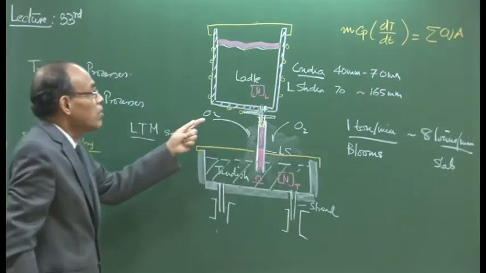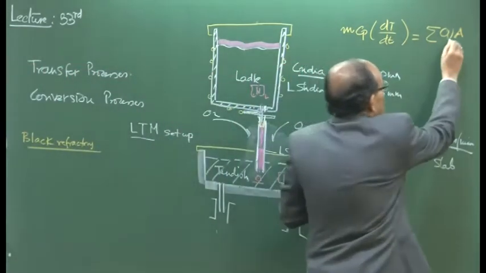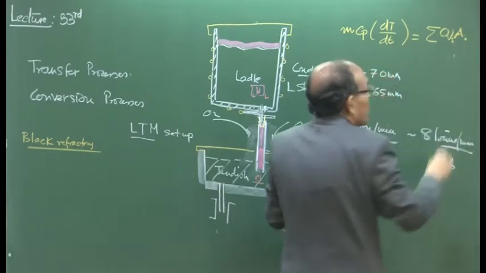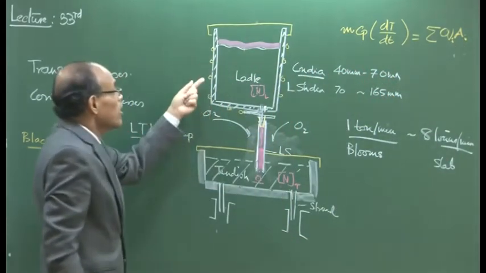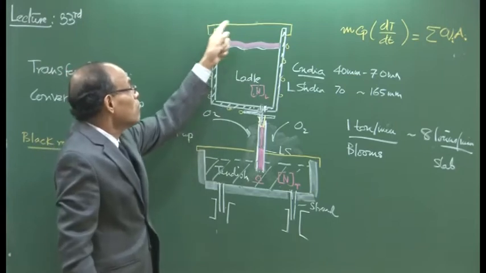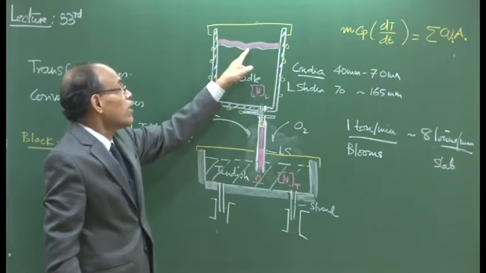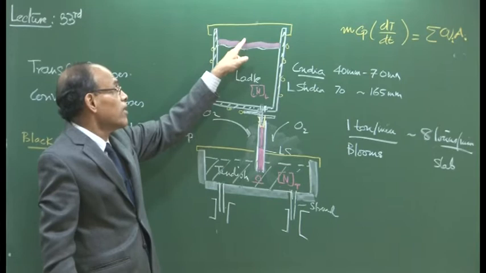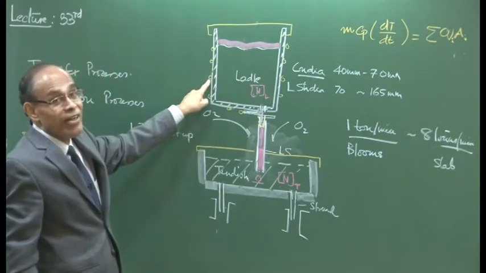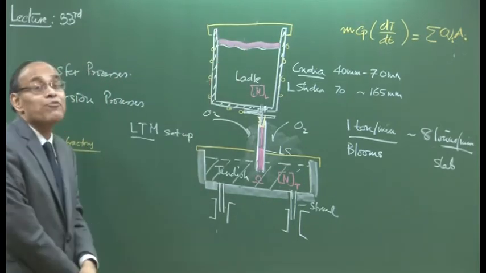So, therefore, Q's are specific to the surfaces, as I have indicated, that if you have a thin slag cover, no tundish physical cover, then the surface heat flux could be of the order of 100 kilowatt per meter square. On the other hand, through the ladle side walls, you can have 5 to 10 kilowatt per meter square.